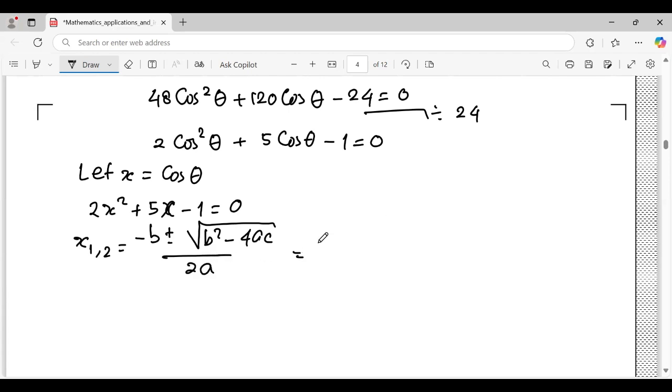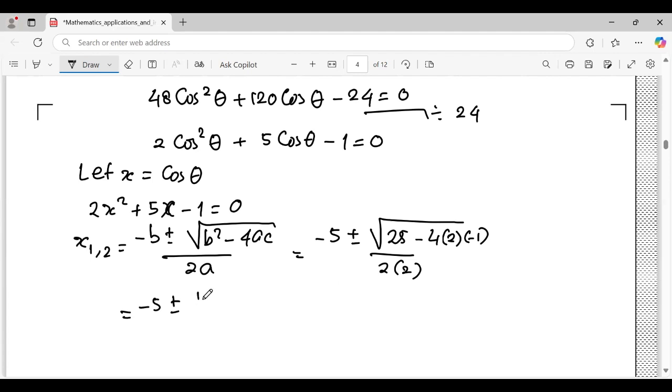So minus 5 plus or minus the square root of 25 minus 4 times 2 times minus 1, over 2 times 2. If you calculate, the result will be minus 5 plus or minus 5.744 over 4.